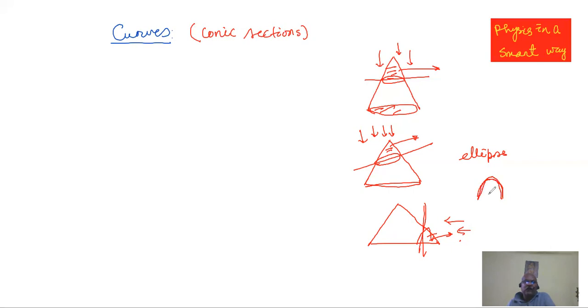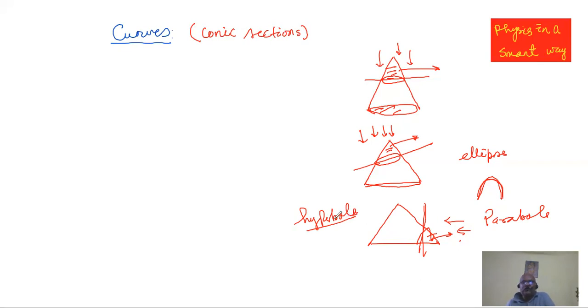Similarly, if you cut a cone in a particular way, I am not going into the details, you can also get a curve that is a hyperbola. But to create a hyperbola, which is a set of two curves, you require two cones. Their vertices must be touching each other, and you have to cut in a suitable way. That is not our concern now.